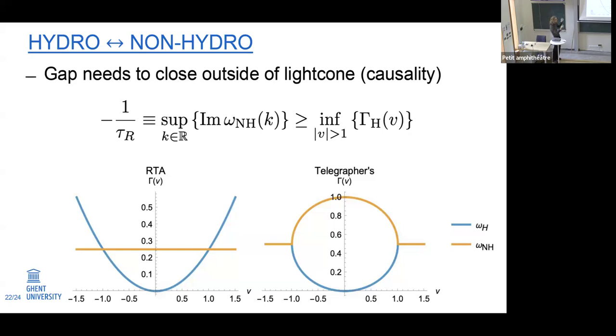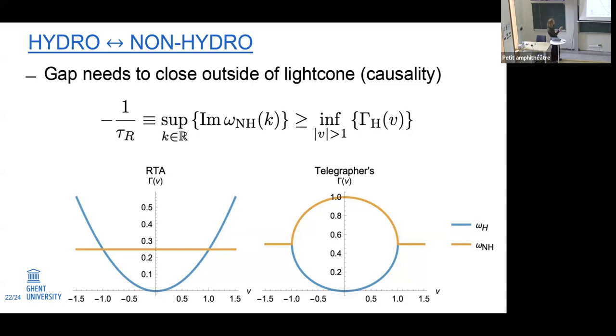But these additional non-hydrodynamic modes cannot decay too quickly, because that means that they couldn't cancel it outside of here. So we essentially look at what's the minimal decay rate of your hydrodynamic mode outside of the light cone and use this to put, for example, a lower bound on the relaxation time scale of your non-hydrodynamic modes in order to be able to cancel this contribution. So that's what I'm showing here.